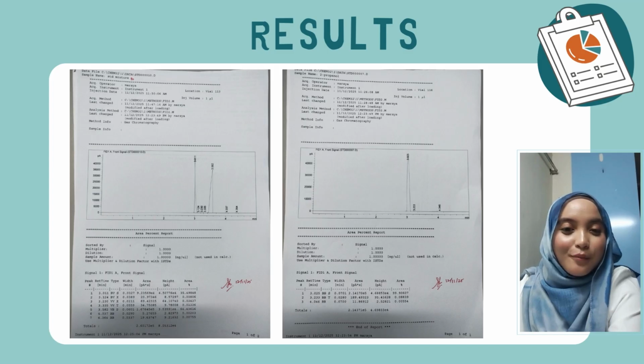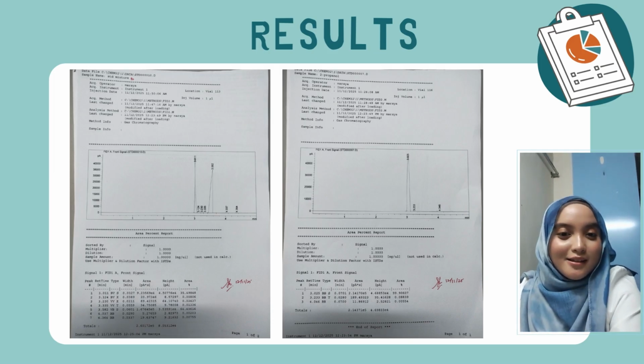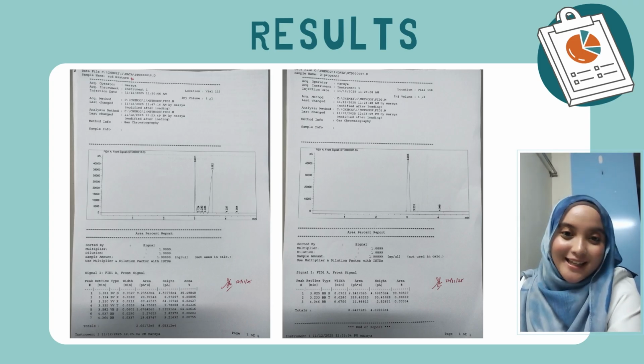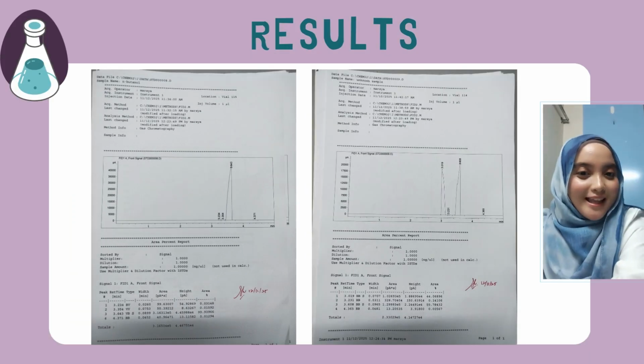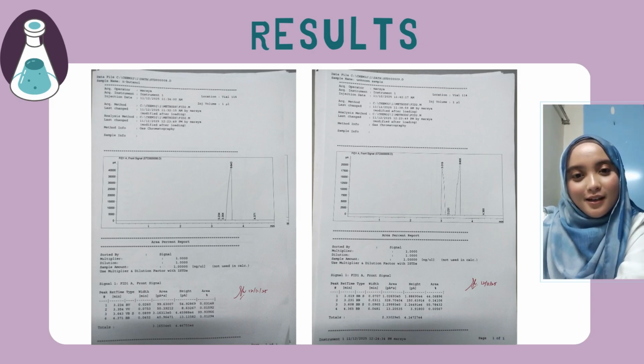Next, we have chromatograms of the standard mixture at 70 degrees Celsius on the left side and chromatograms of 2-propanol on the right side. On this slide, we also have chromatograms. On the left side, we have chromatograms of N-butanol.